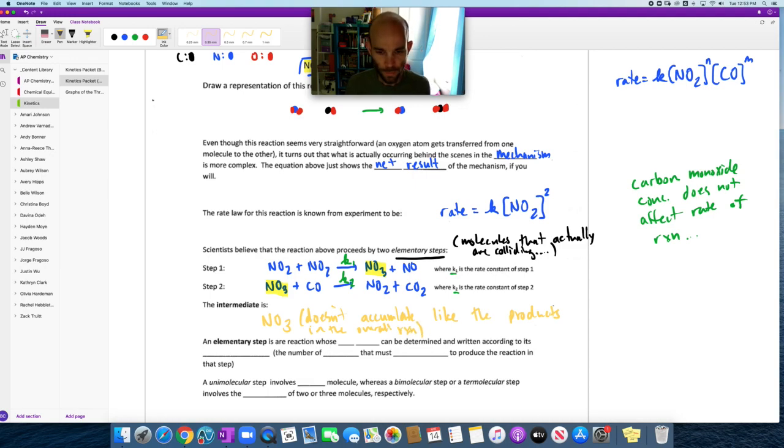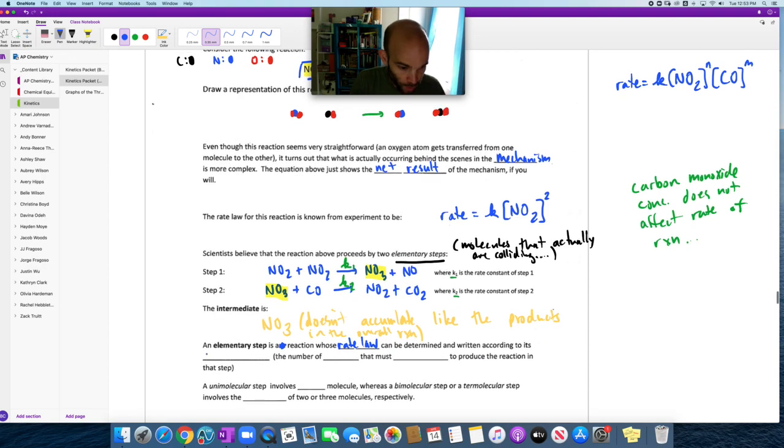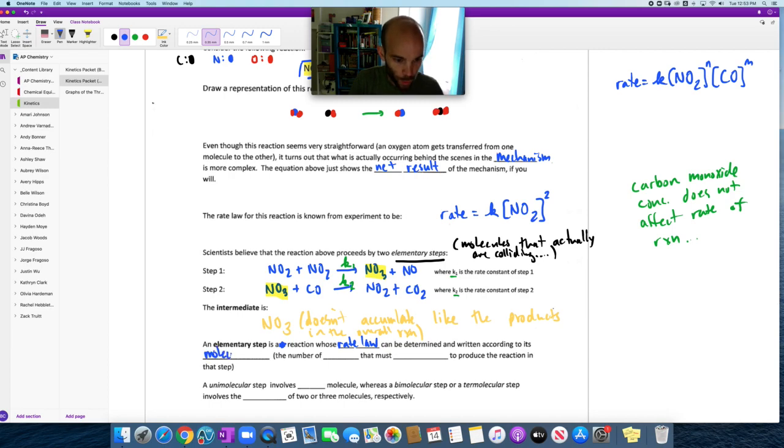Okay? Now, I just mentioned this about elementary steps, so I got a little bit ahead of myself. An elementary step is a reaction whose rate law can be determined and written according to its molecularity. There's a new word for you, molecularity.